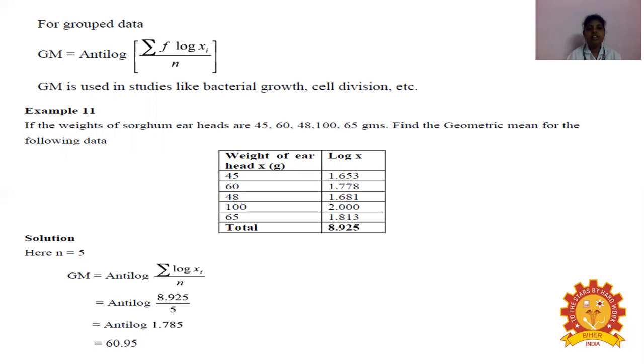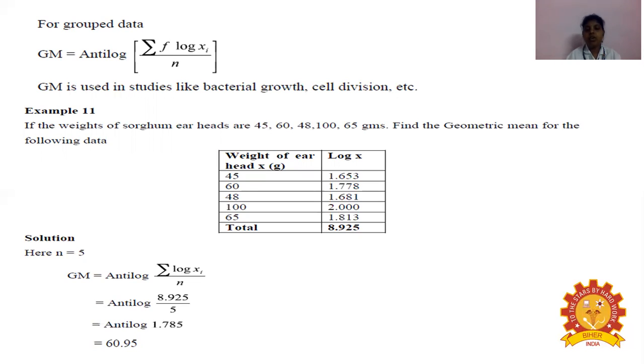If the weights of sorghum earheads are 45, 60, 48, 100, 65 grams, find the geometric mean for the following data. Weights of earhead X are given: 45, 60, 48, 100, 65.